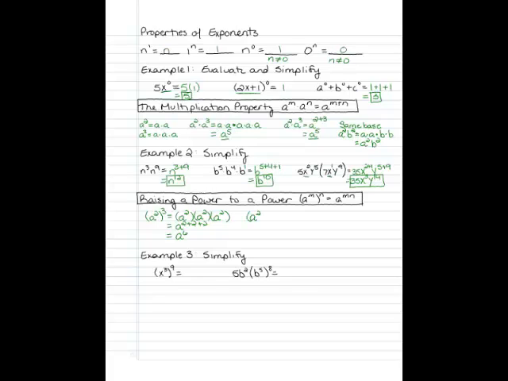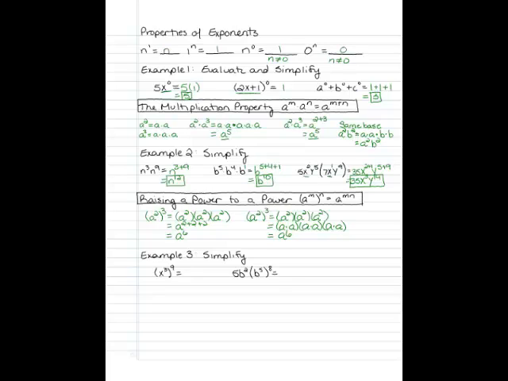Rewriting this, we have a squared cubed, and that again will give us a squared times a squared times a squared. Expanding each one of these, a squared is a times a, so we have a times a times a times a times a times a, which is a to the 6th.